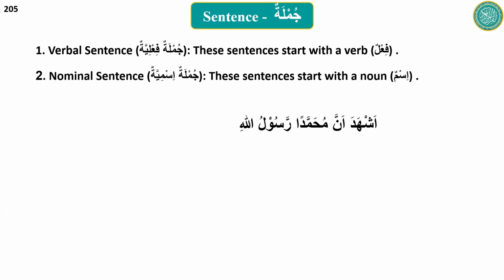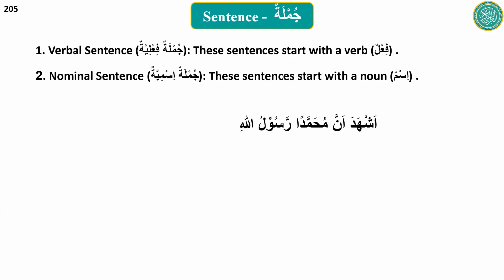Okay, I repeat my question for you, Abdullah. Maybe you are not attentive. What is a jumla fi'liya? Jumla fi'liya are verbal sentences. How would you know a jumla is fi'liya? By looking at it. What's the indication? They start with a fi'l. Okay, all right. And what is jumla ismiya? How would you know a jumla or a sentence is ismiya? It starts with an ism.